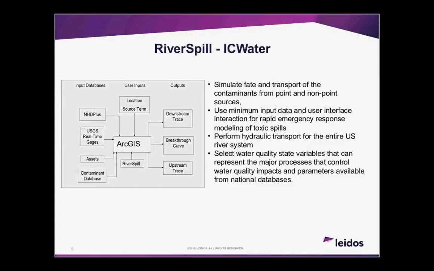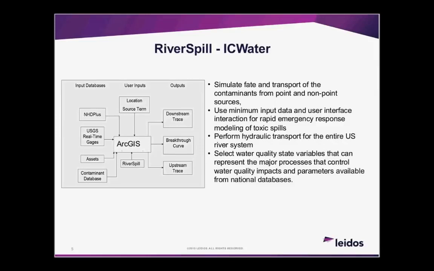RiverSpill is the modeling engine that we use. A user interacts with it by identifying the location of the incident and defining the source term, whether it be instantaneous or continuous, how much was released, and what was released, and then the RiverSpill model will perform the hydraulic transport downstream. The outputs include a downstream trace, which can be limited either by distance or time.